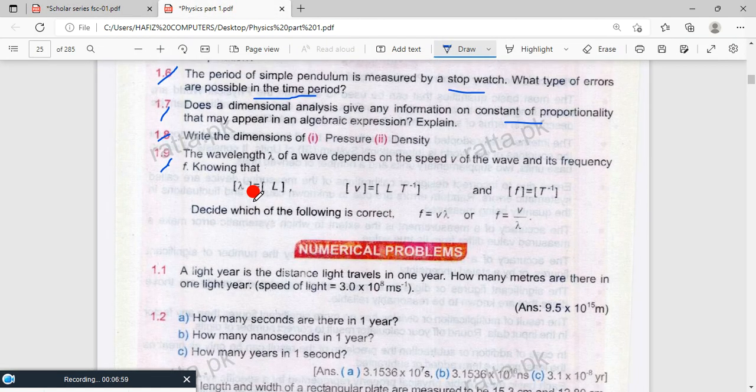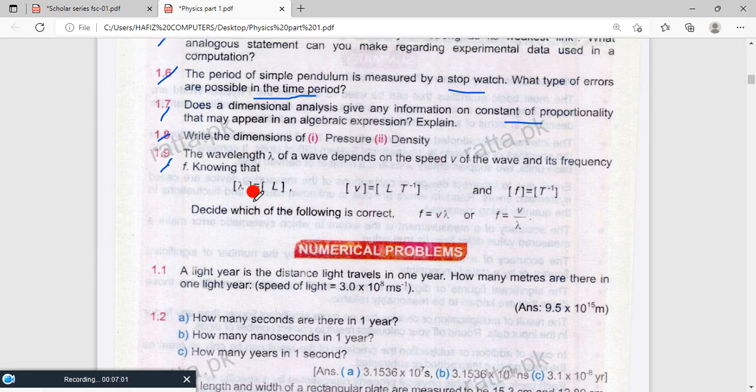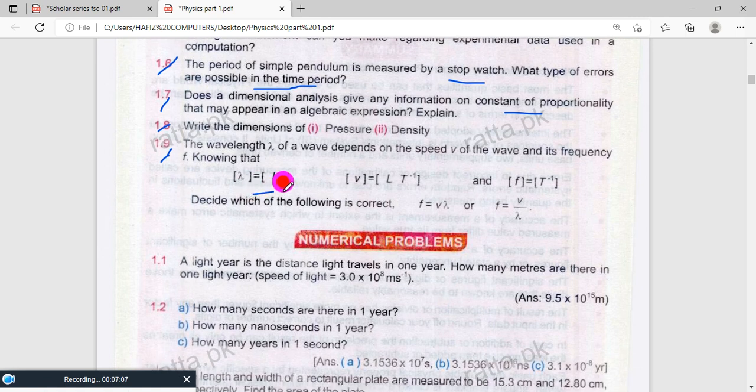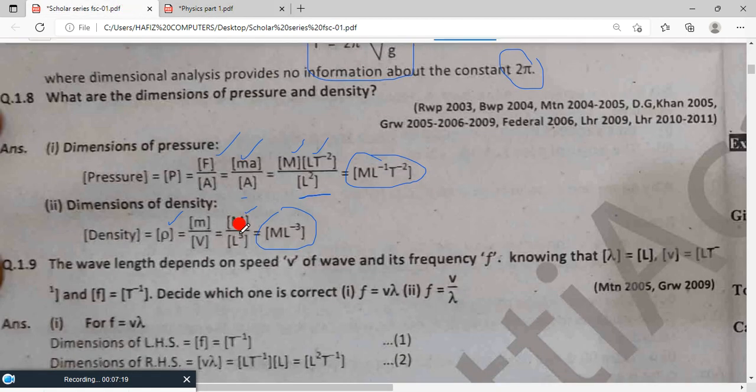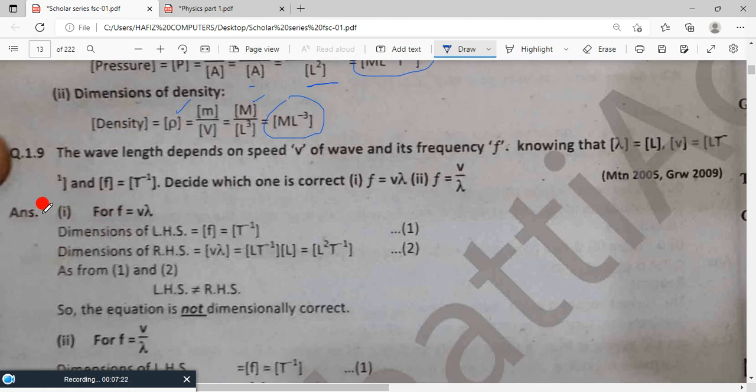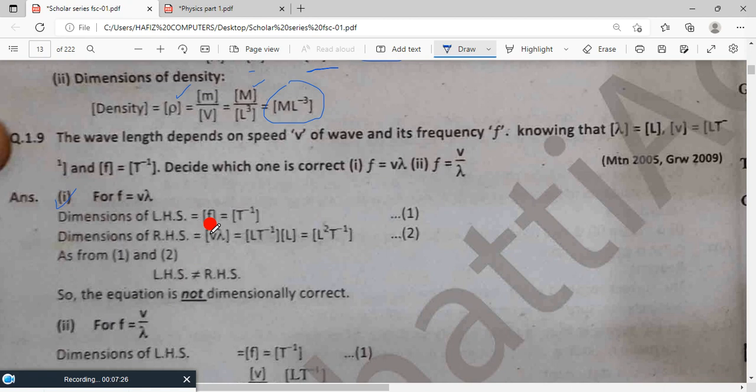Next one is the last short question. The wavelength of a wave depends upon the speed of the wave and its frequency. Knowing that lambda, the dimensions of velocity and the dimensions of frequency are related, decide which of the following is correct. Using these two formulas, which one is the correct one? First one is f equals v lambda. Putting the dimensions on the left hand side, f is T to the power minus 1.